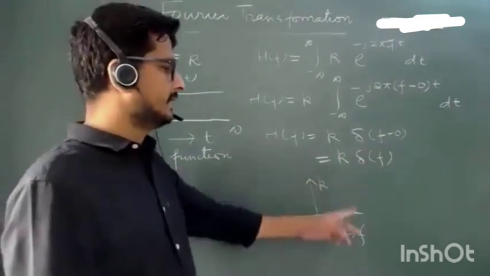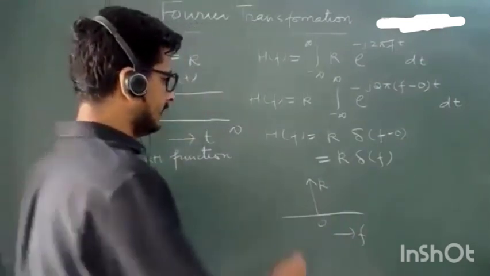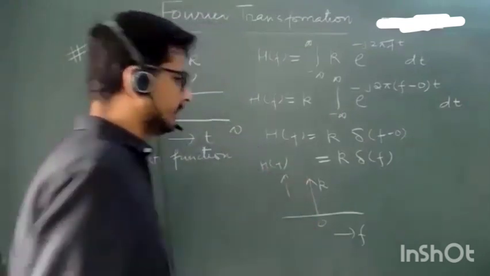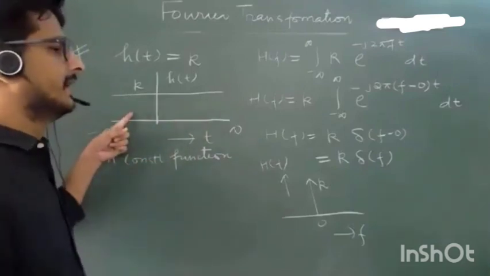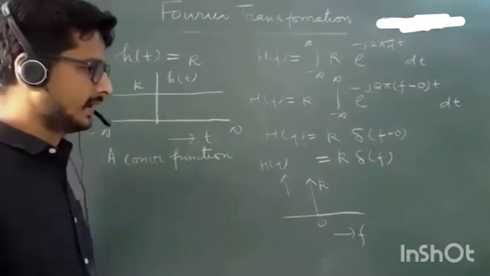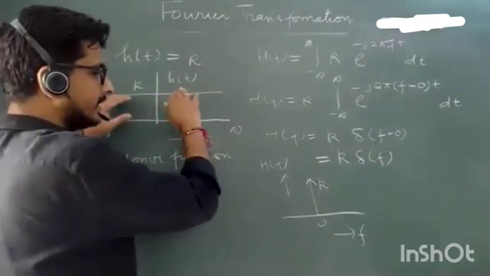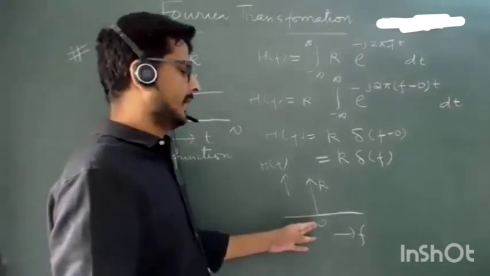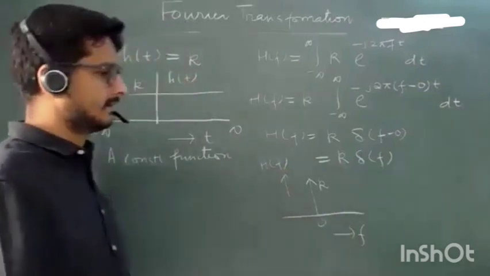But now that it is multiplied by k, the area is k. This much you have to understand. And this is your axis of h of f. So please see how the picture changes. The picture in real space looks like this, and the picture in Fourier space looks like this. The real-space picture requires so many points to tell that the function is the same everywhere. But this only requires one point. At one point you say the function is there, and at other points it is simply absent.